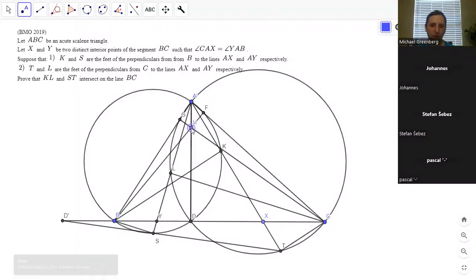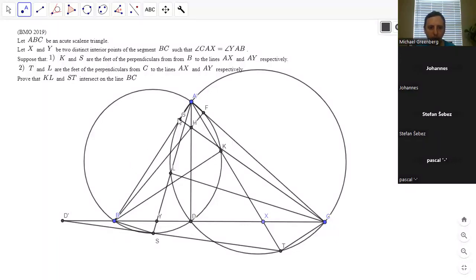So yeah, that's the orthocenter. So to show SLKT is cyclic.